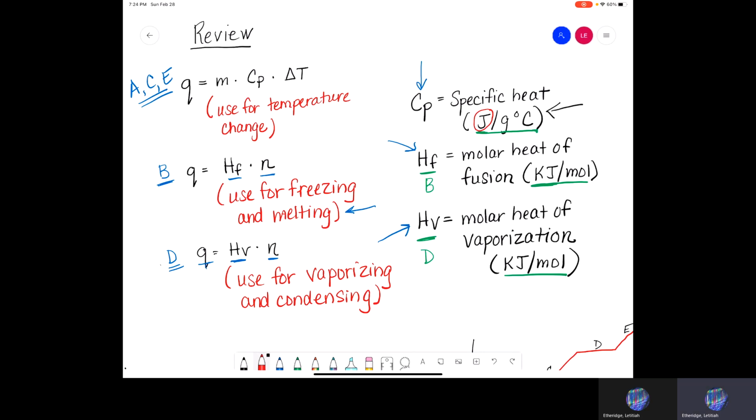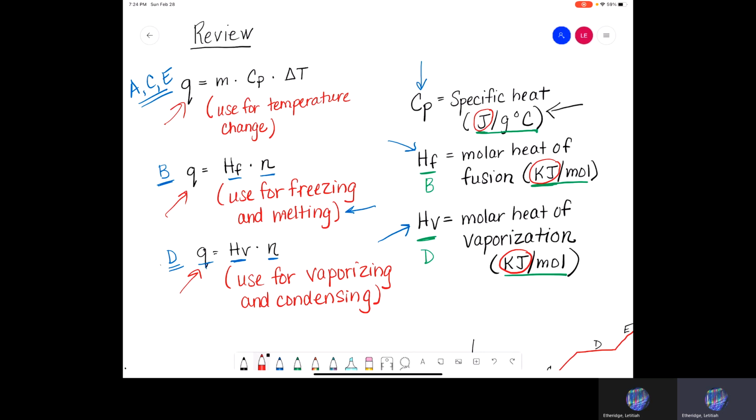I'm sure some of you can point out the issue for me. Your molar heat of fusion, guess what, is going to be in kilojoules. And so is your molar heat of vaporization. So that means if we need to add up all these different Q values from all the different sections, we need to make sure that we are in the same unit so that we can add them all up together.